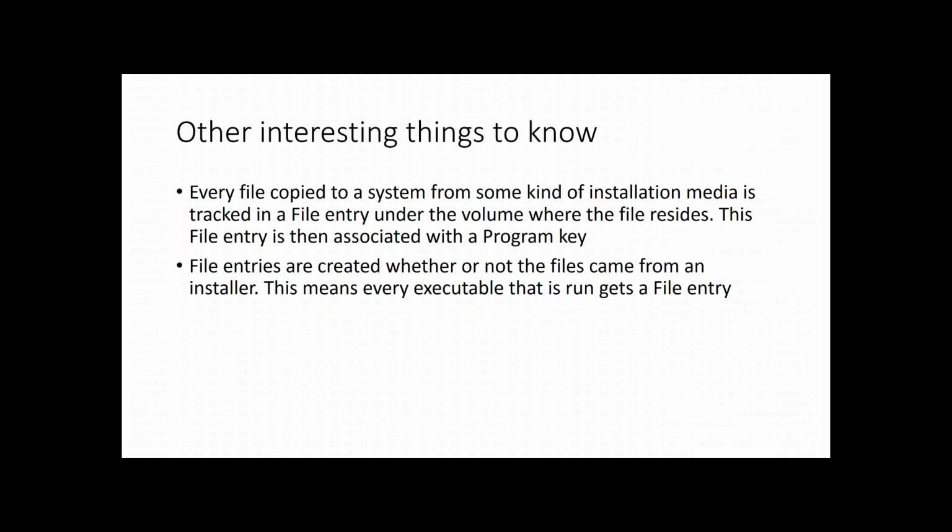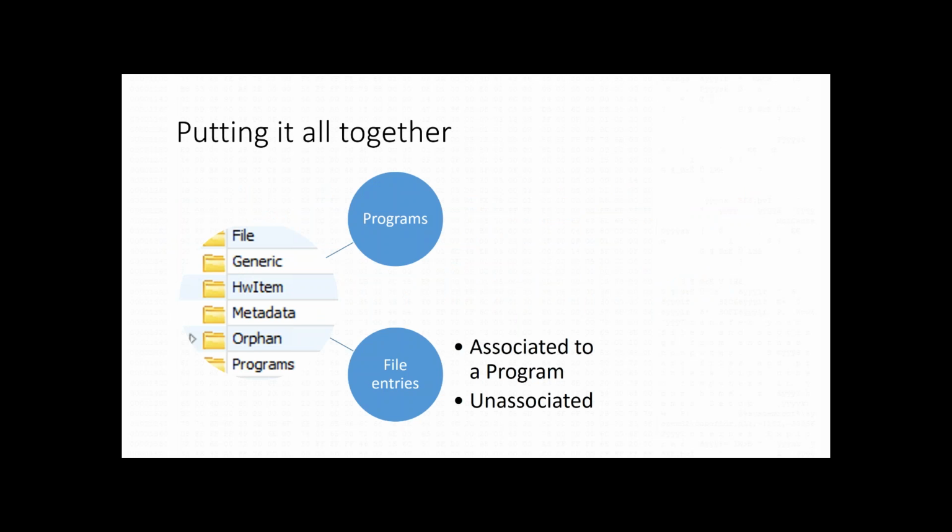If we know Office is expected on this machine, I'm not as concerned about the Office executables running as I am about other weirdly named executables running out of directories where executables aren't normally run. Those are the kind of things we will be able to drill down into, and having an understanding of the interrelation between programs and files, we'll be able to do that in a much easier manner.